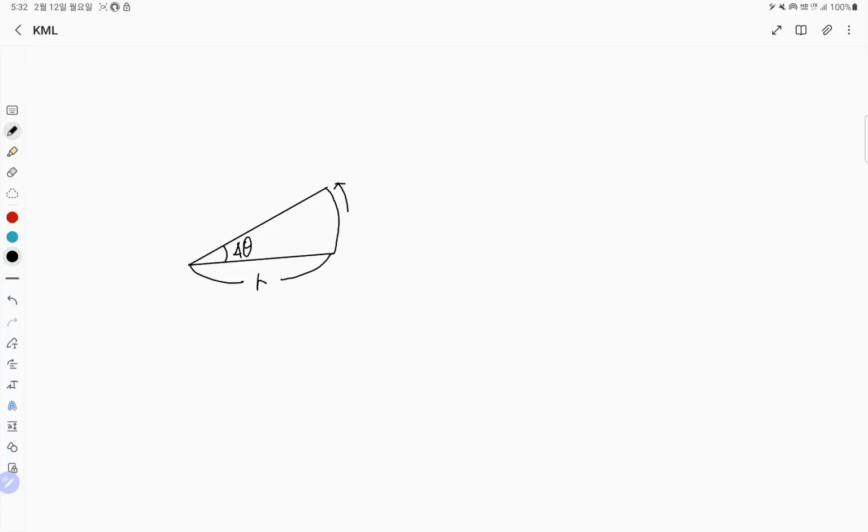And the arc length made by this motion is delta s. So delta s is equal to the radius times delta theta.